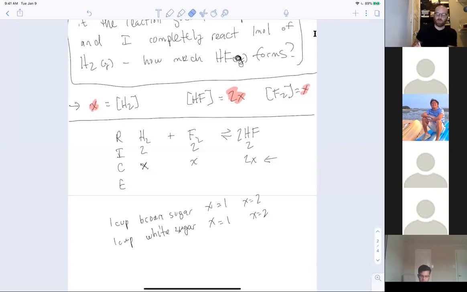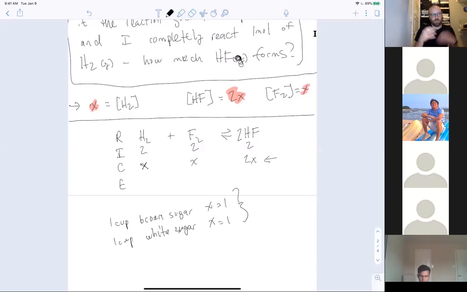That ratio holds. If I go in my pantry and I have, let's say, 25 kilograms of white sugar and a truckload of brown sugar, or I just have 10 cups of each, it doesn't affect this ratio at all. The recipe is not affected by how much I have.